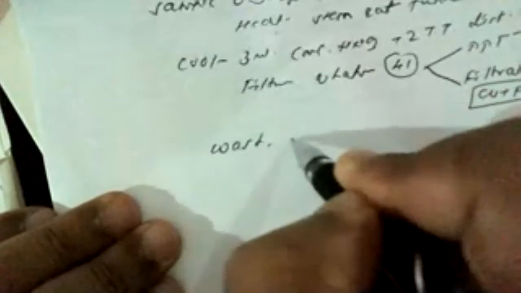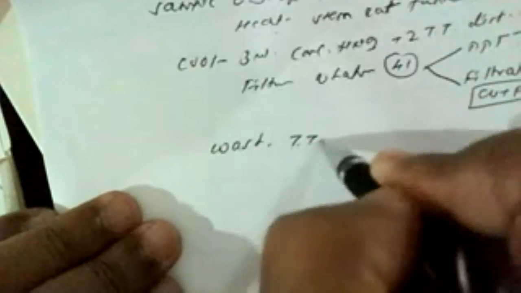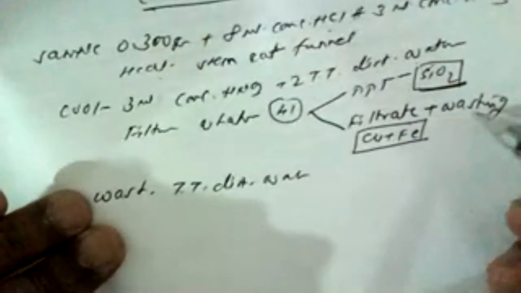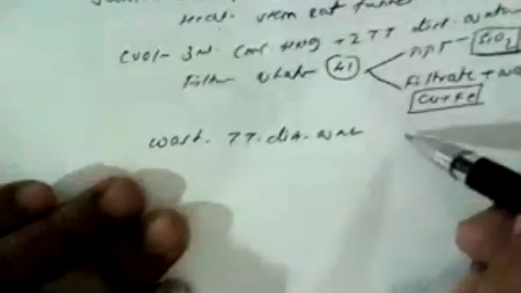Now we wash this precipitate with 2 to 3 test tubes of hot distilled water and collect the washings in the same beaker. So we are with the filtrate and washings. First, we treat this precipitate. It is dried and ignited in a previously weighed silica crucible.